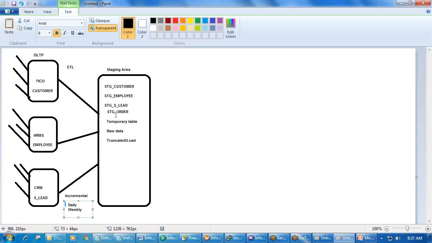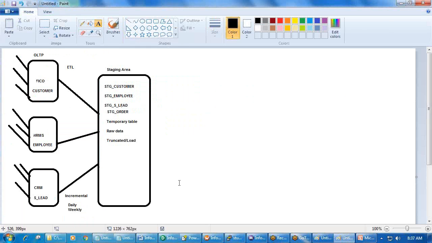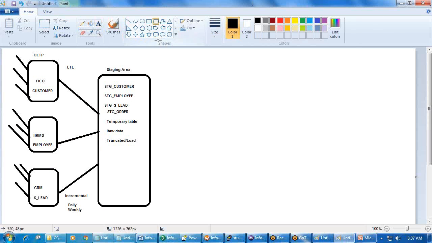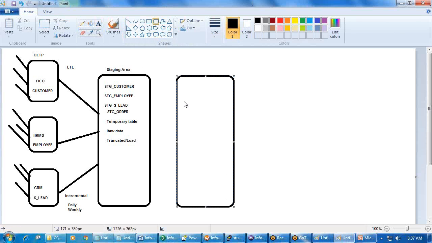Now you have the staging area here. The staging area holds the incremental data, and every day whenever you load the data into the staging area, it will be truncate and load. You'll remove and then load. Then from the staging area, we'll define a separate ETL process. It is not the same ETL program.